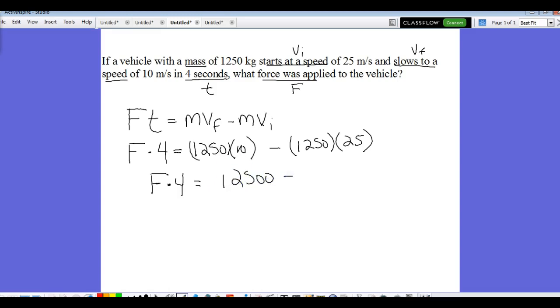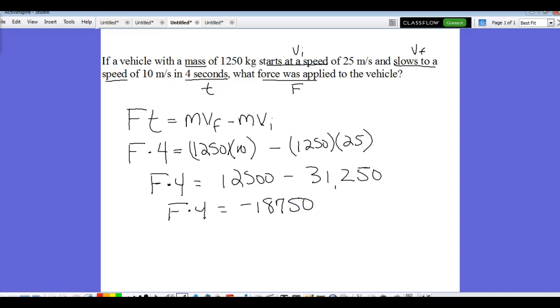Minus 1,250 times 25, that gives us 31,250. And then we subtract them. So F times 4 equals 12,500 minus 31,250. That's going to give us negative 18,750.